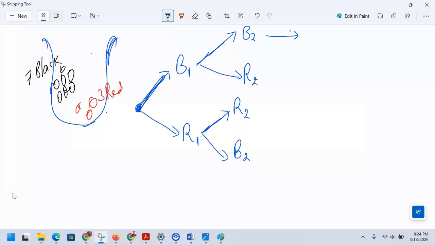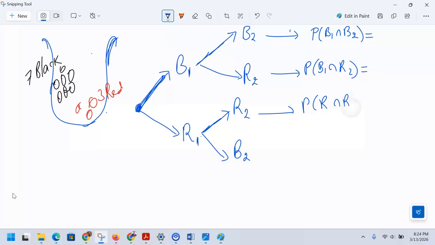So for this, I can write the probability that it is black first and black second, the probability that it is black first and red second, the probability red first and red second, and the fourth one is the probability that it is red first and black second.